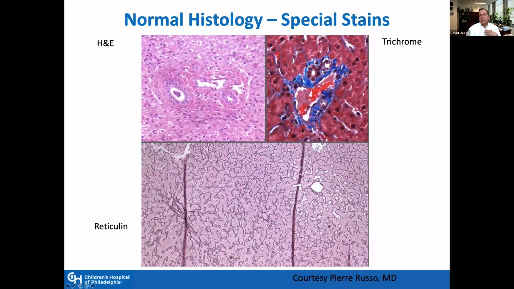But what you can see here is that this stain highlights different structures, and you can see very clearly, and you can count the bile ducts. This stain highlights the sheets or the plates, and you get this sense that there are sort of multiple longitudinal pathways, almost like a maze, that the blood flow is going through.